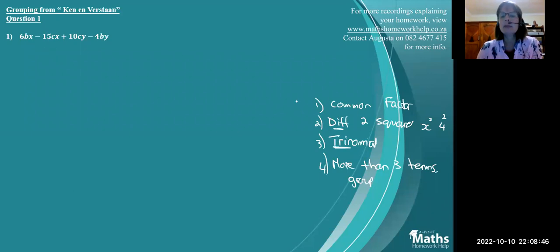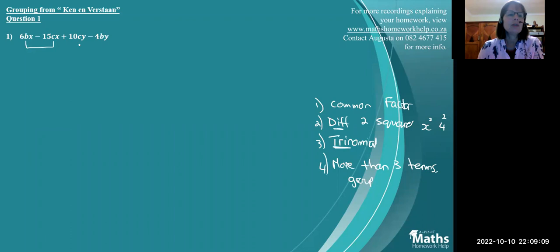So now we must keep in mind how to get a common bracket. Can we just put brackets around the first 2 and the last 2? Well, if you're good at chess, you can look at this and see, putting brackets around the first 2, I can take out the x's and a b and a c will remain.